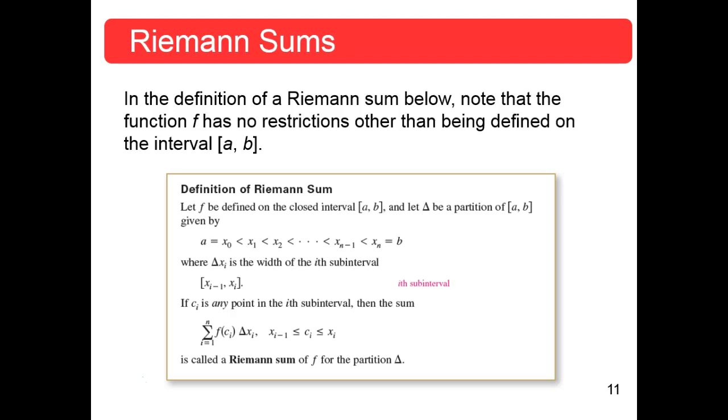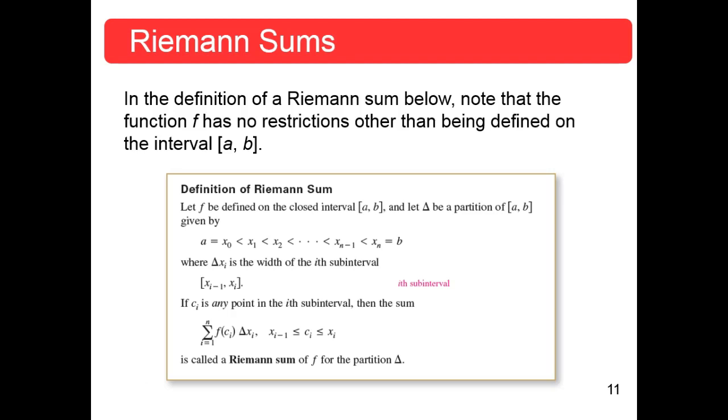The delta x of i is the width of the subinterval from x of i minus 1 to x of i. Okay? C sub i is any point on that subinterval. It doesn't have to be the midpoint. It could be, it doesn't matter. Any point on that.